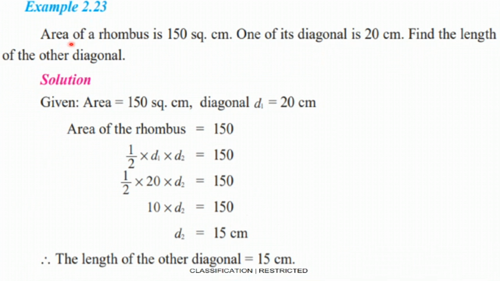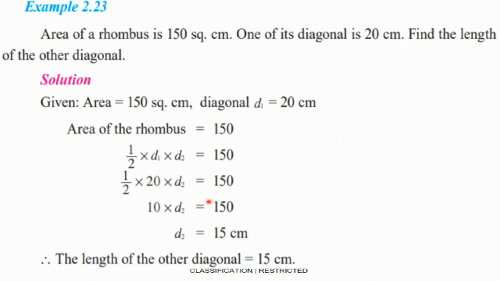Next, area of a rhombus is also given here, 150 square centimeter. One of its diagonals, D1, is given. We have to find out D2. Find the length of the other diagonal. So, given area equals 150 square centimeter, D1 equals 20. You write the area of the rhombus formula: half into D1 into D2 equals 150.